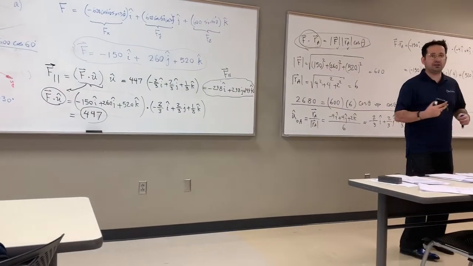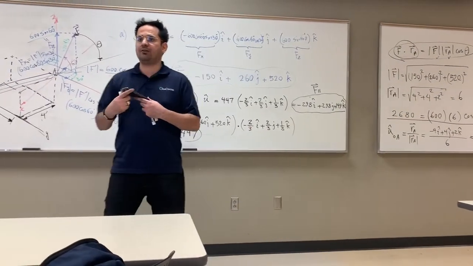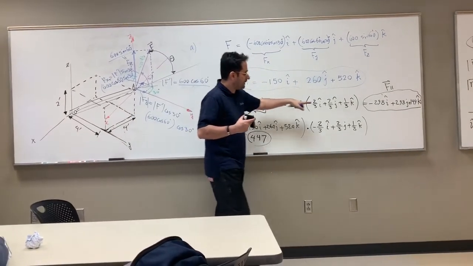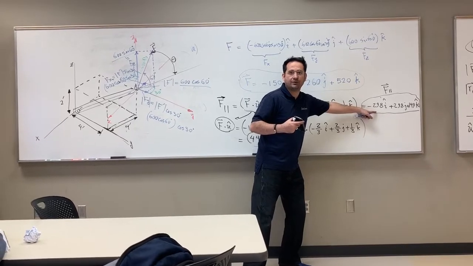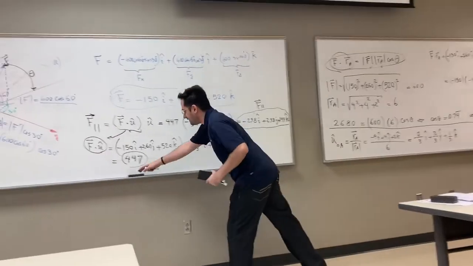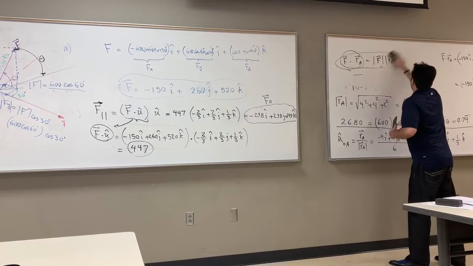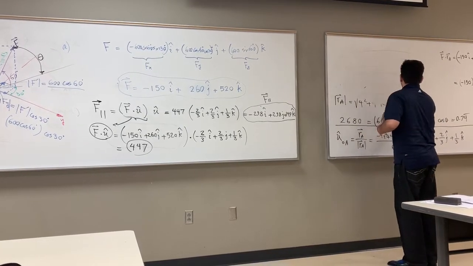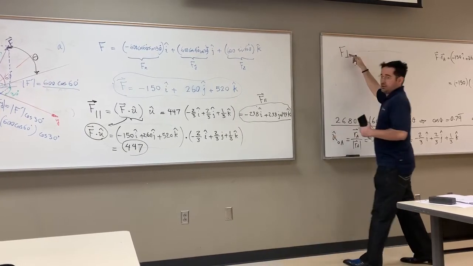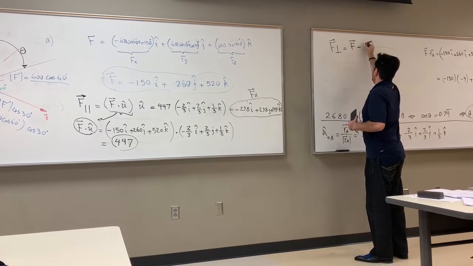What about F normal? Now this is the last part of part C. How can I find F normal? So let's say I have F and F parallel. What's the value for F normal? F normal is just the simplest thing ever. You write F normal, with the normal sign, is equal to F minus F parallel.